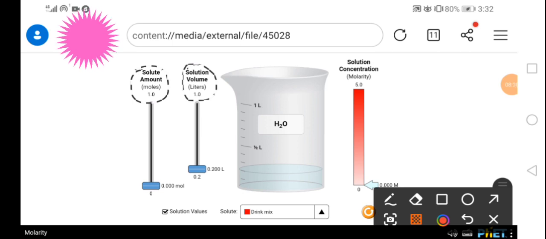And I am going to have the solution concentration there, which will indicate the concentration of the substance when I add the solute to the solvent. Here I am using the solvent water.